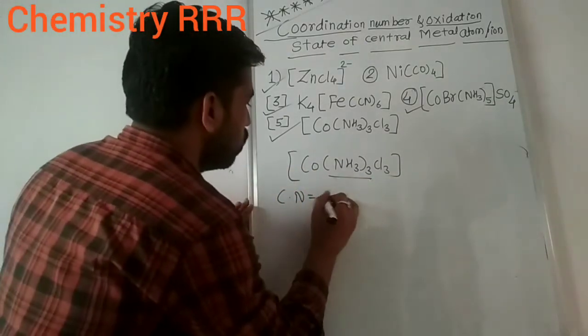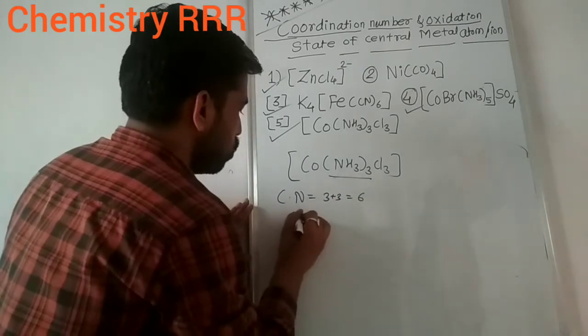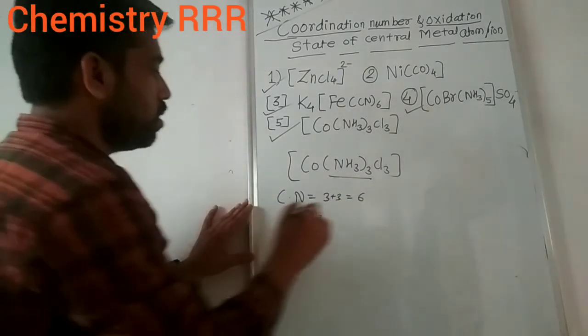So the coordination number is 3 plus 3, which is equal to 6. So the coordination number of the central metal atom is 6.